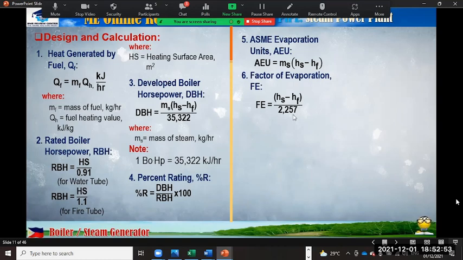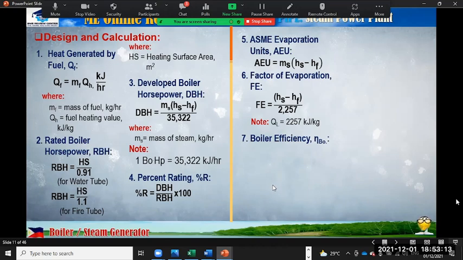The unit of this one is kilojoules per kilogram. So the units cancel. So in that case, the factor of evaporation doesn't have any unit at all. Okay? So, 2,257 is the latent heat of vaporization.